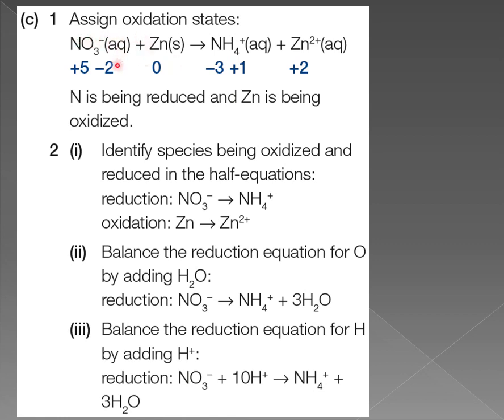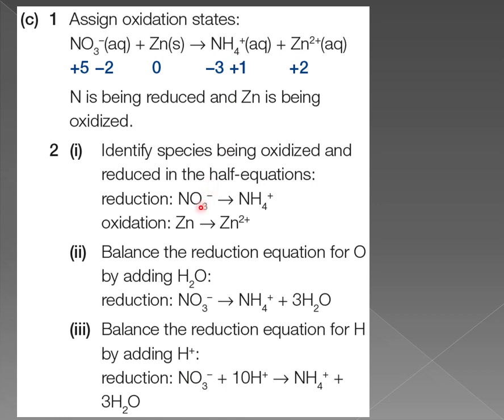Third question. Again, we have nitrate plus zinc to give ammonium plus zinc plus 2. So nitrate, nitrogen here is plus 5, and it gives nitrogen minus 3. So a large decrease in the oxidation number. So this is reduction. And zinc from 0 to positive 2, this is oxidation.